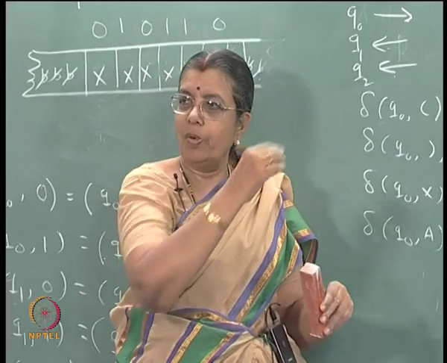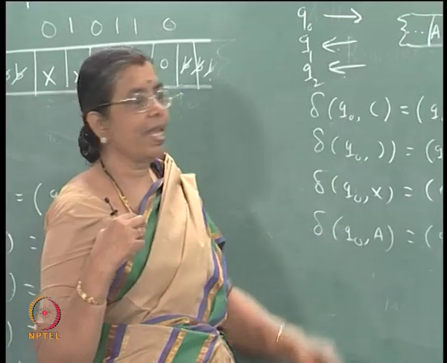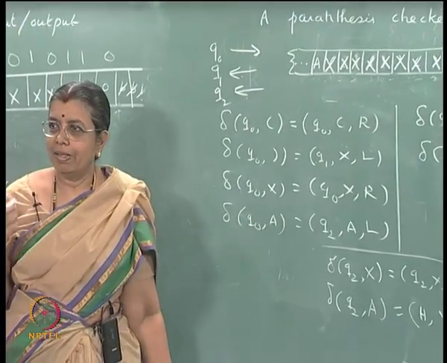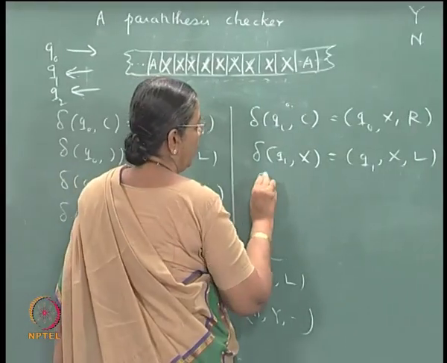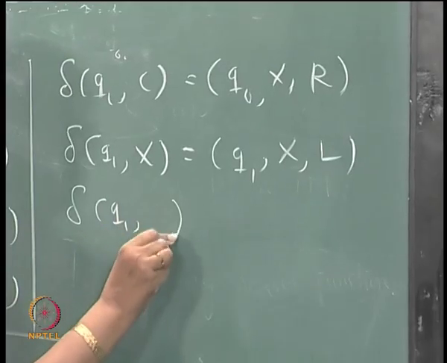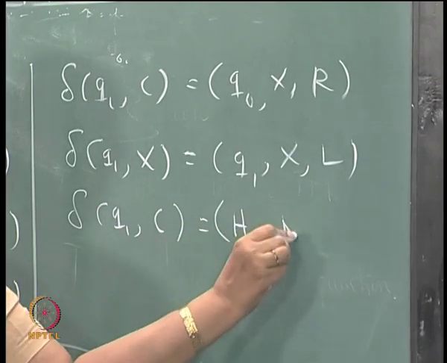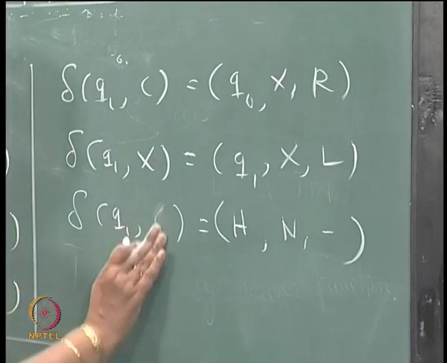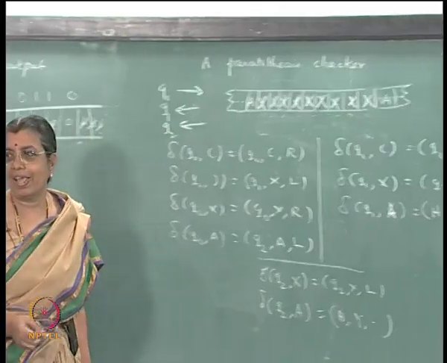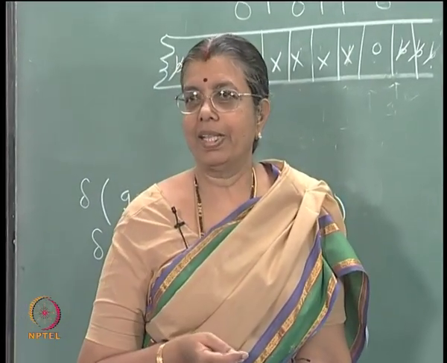In q1 when it is moving left, it is supposed to see a left parenthesis, but instead if it sees a blank, that means the number of right parentheses is more. Then it halts saying a no.